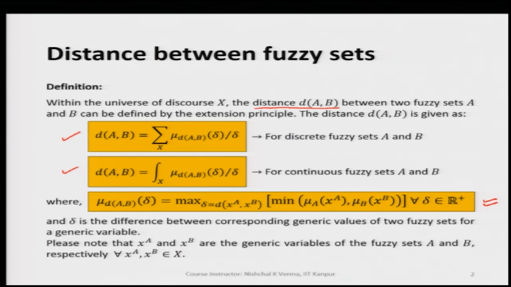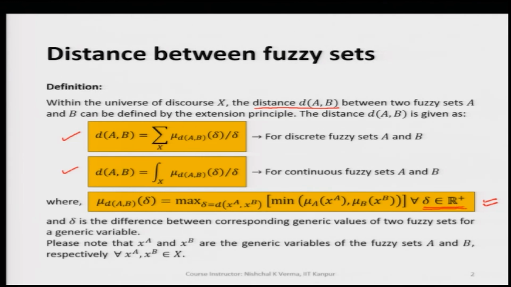That means delta gives us some positive real value, of course, because we are computing the distance, so delta comes from the set of positive real values.